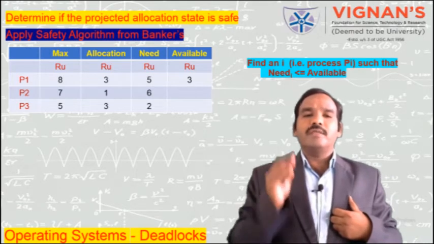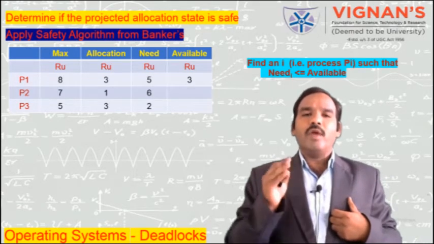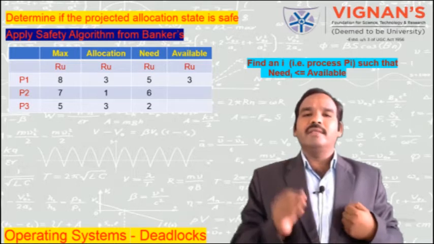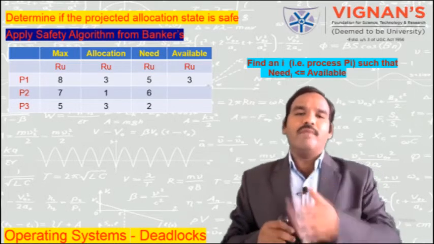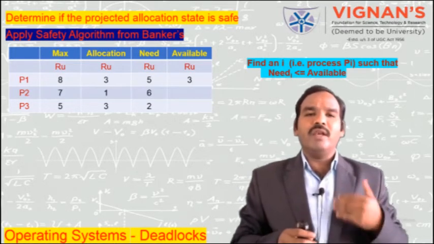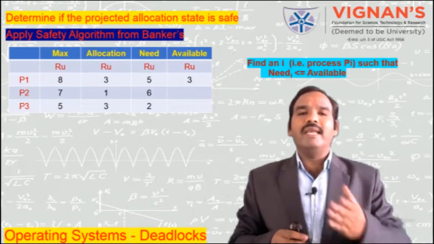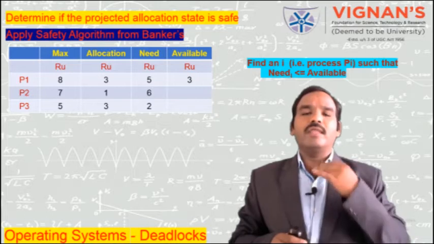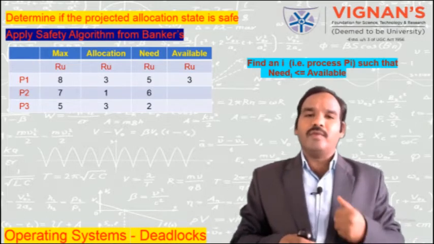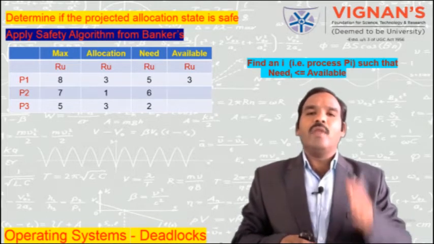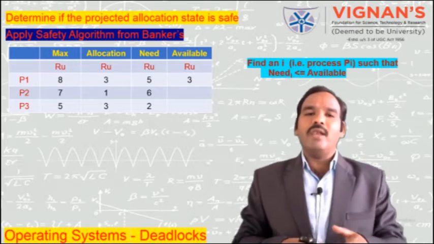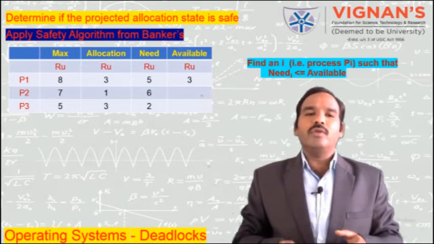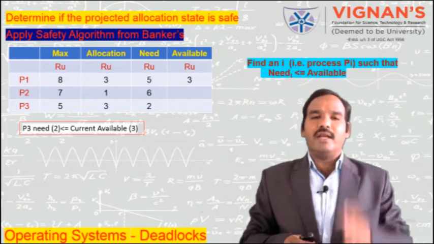The condition is satisfied only by P3, because P3's need is less than or equal to available. But P1 needs 5 resources and P2 needs 6 resources, so the condition is not satisfied for them. In this slide, what is the I value? I is 3, so P3 satisfies the condition.